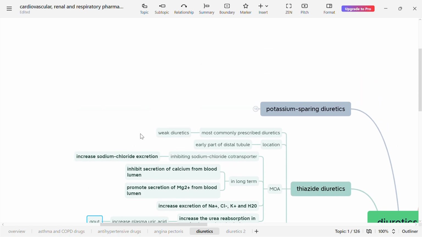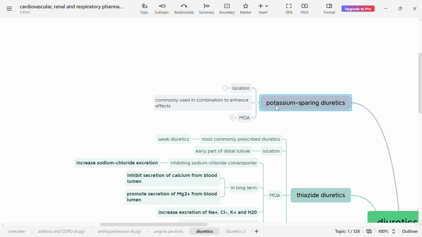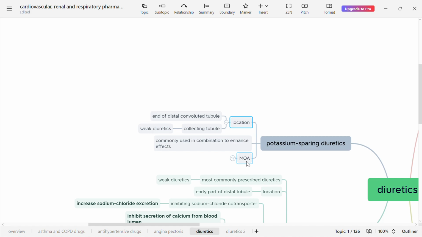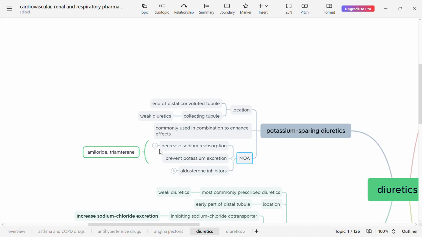So moving to the fifth one, the potassium-sparing diuretics. The location of potassium-sparing diuretics is the end of the distal convoluted tubule as well as the collecting tubules. So the potassium-sparing diuretics are a big group of diuretics where the mechanism of action includes decreased sodium reabsorption and also preventing potassium excretion, and the aldosterone inhibitors.